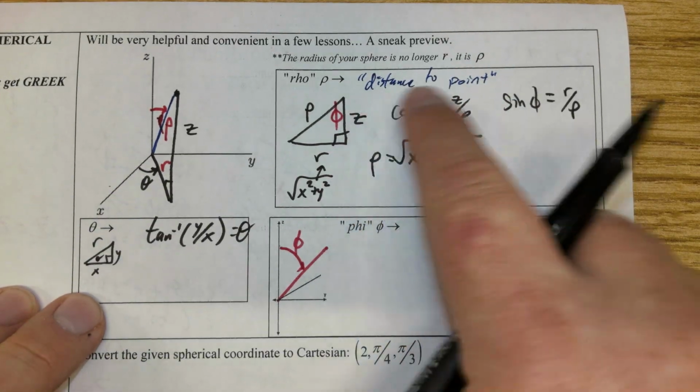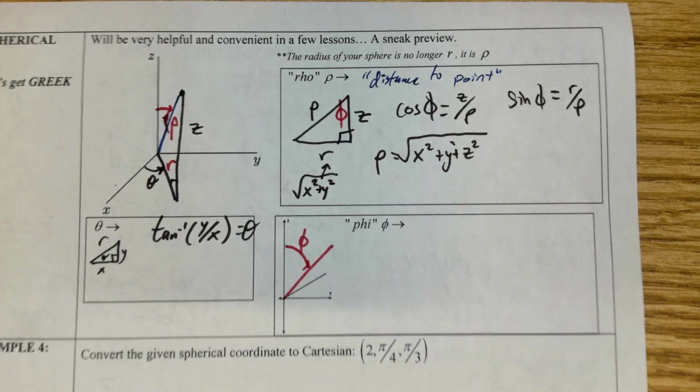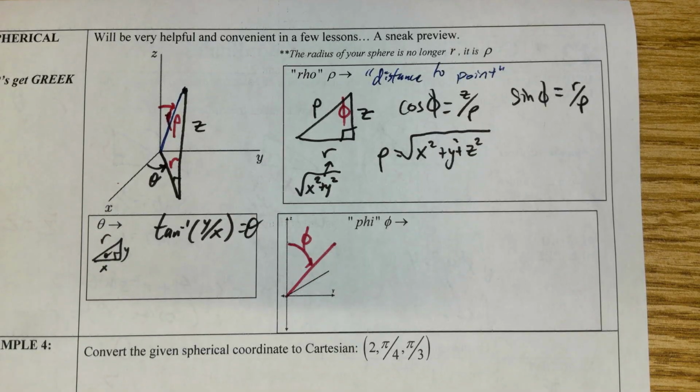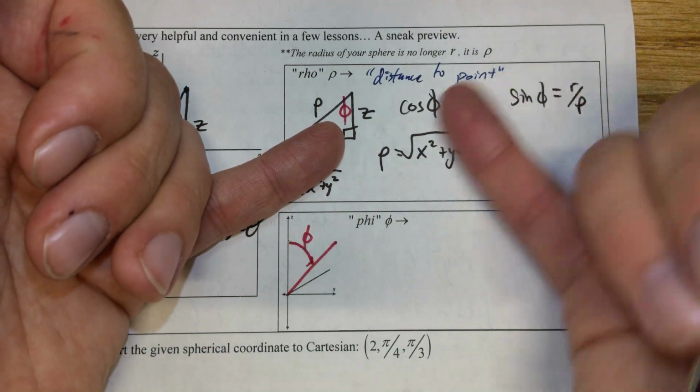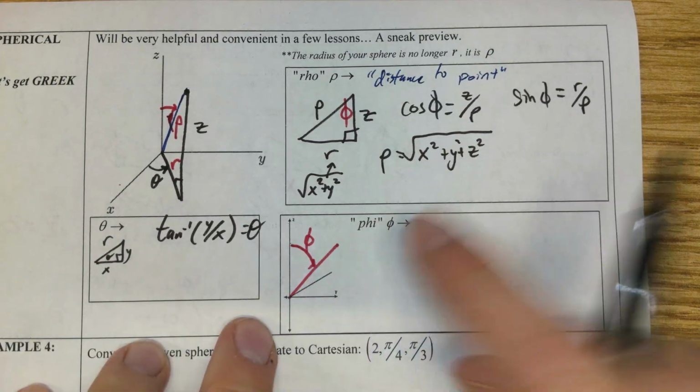Right? Rho is just the distance to the point, so I would use the distance formula to get there. And again, there are other relationships that we can generate, but ultimately, this kind of brings it all together. Let's finish talking about phi.